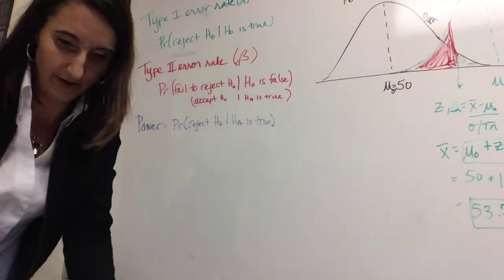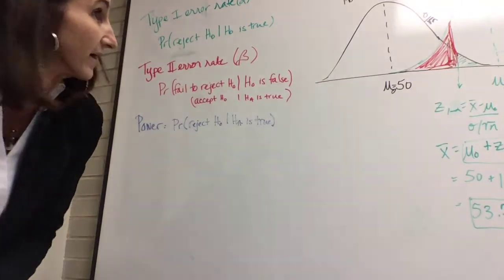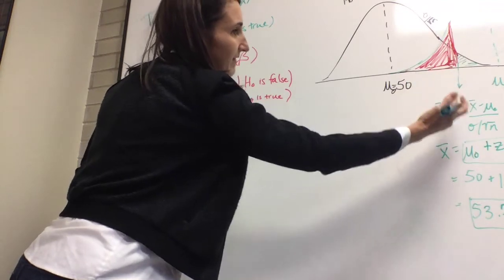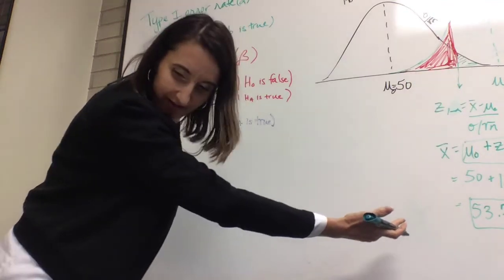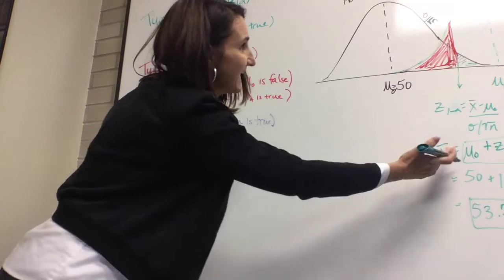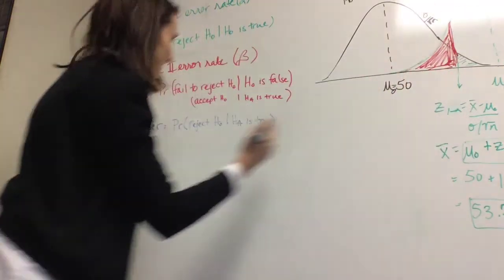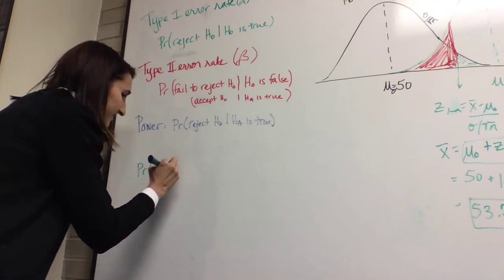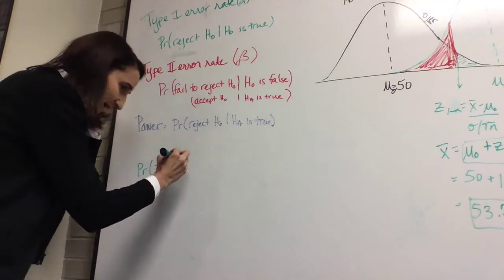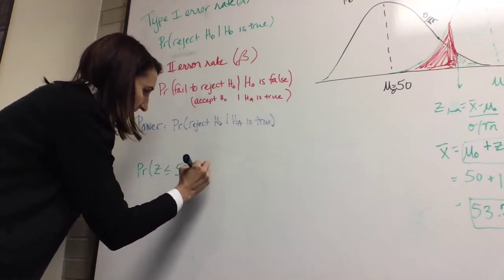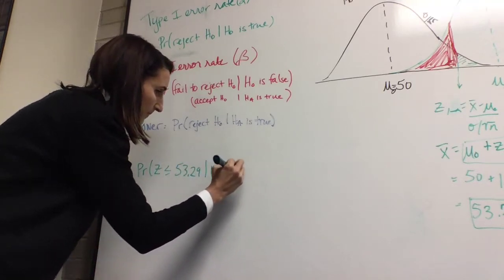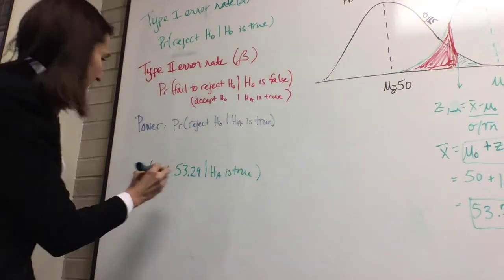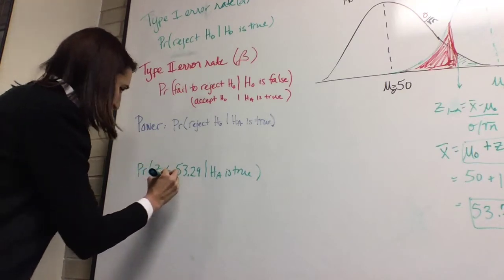Okay, so what's the beta error? The beta error, right, we're over here. It's the probability that we have a value less than 53.29 given that HA is true. So what's the probability that Z is less than or equal to 53.29 given that HA is true? And we know how to figure this out, right? We've done this before.